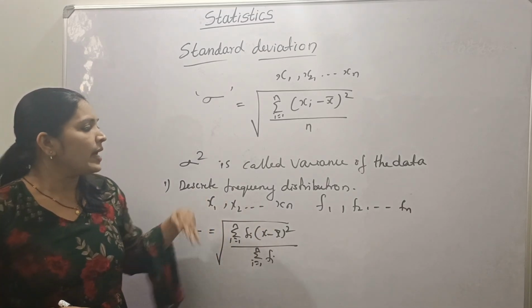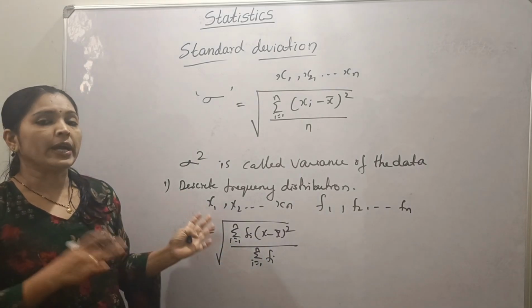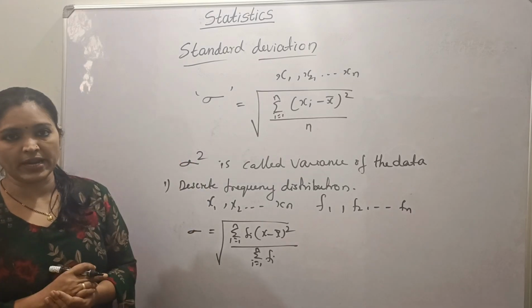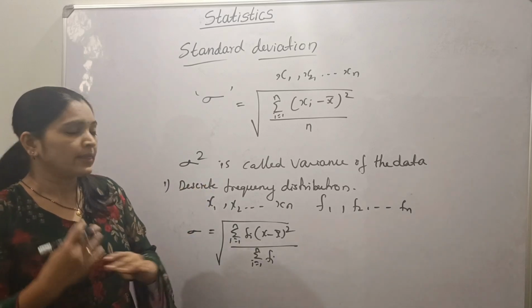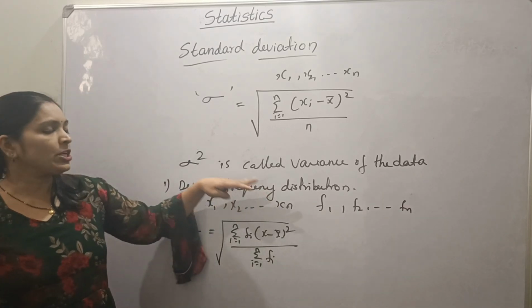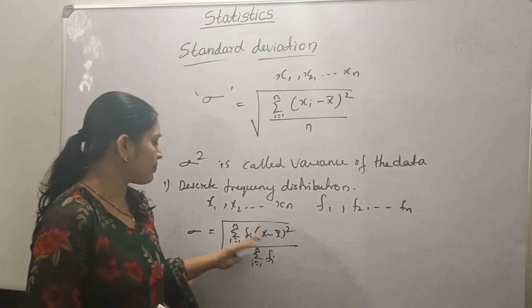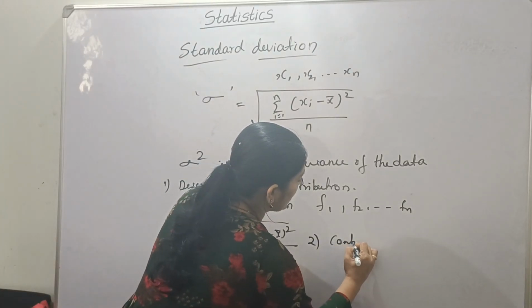Next, let us see continuous frequency distribution. In a continuous frequency distribution, data will be classified into class intervals. So first of all you find the mid values of the class intervals, then proceed as for a discrete frequency distribution, with the same formula.